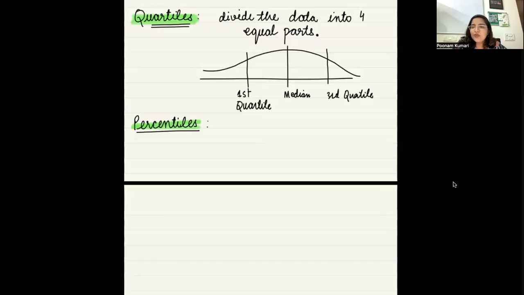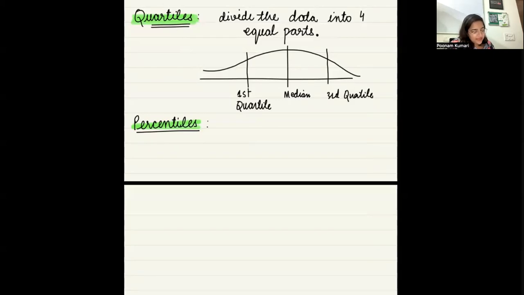Percentile tells you how many students have scored lesser than you. So if somebody says that I have received a 99 percentile score, what does that mean? That I am above 99% of the students who gave this exam, right? That is what it means.